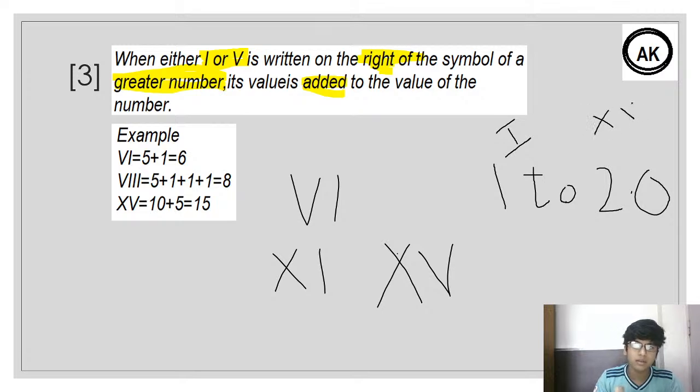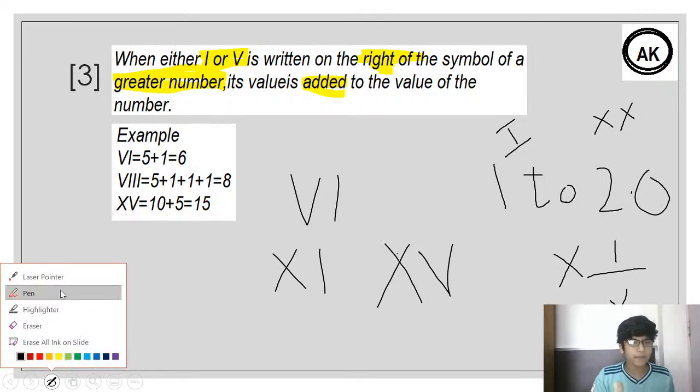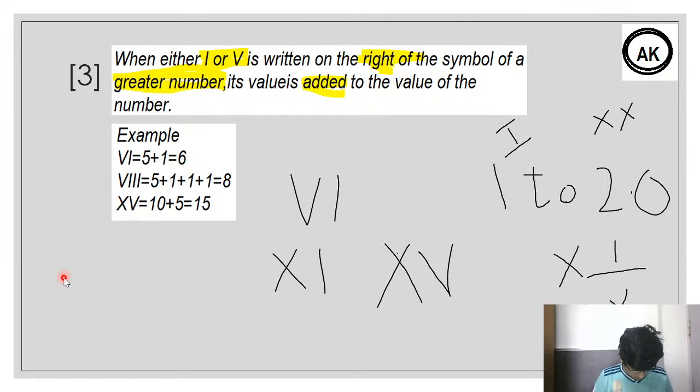Correct. So if we have X on this side, the lesser number here is what? Nothing but I or V. See, I have written here. So what happens, children? Here the number gets added. It means the number is 5 plus 1.